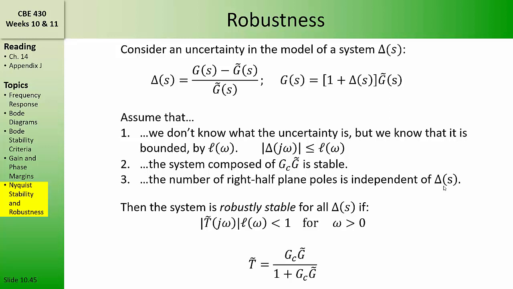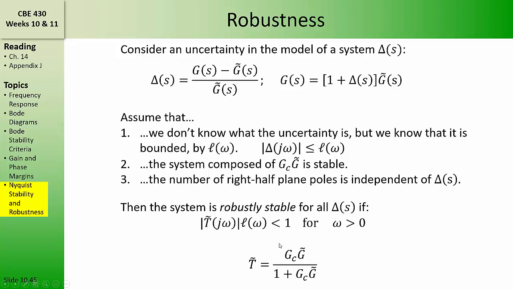Then we can say that the system is robustly stable for all values of delta(s) within our established limit if the absolute value of the complementary sensitivity function multiplied by that limit is less than 1 for all values of omega, where here we're using the complementary sensitivity function composed using our process model, G tilde, instead of G, which is unknown.